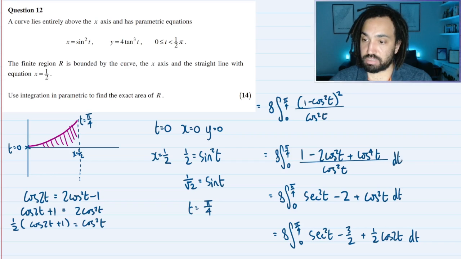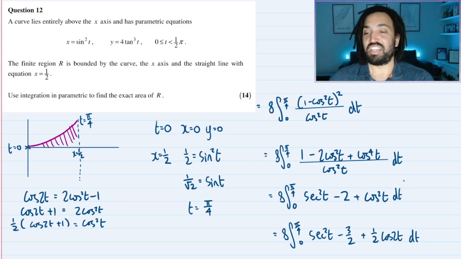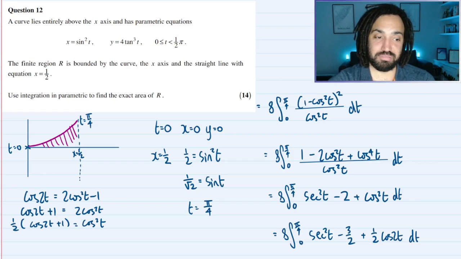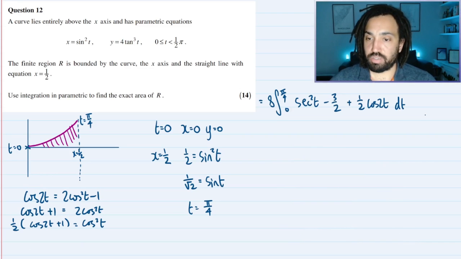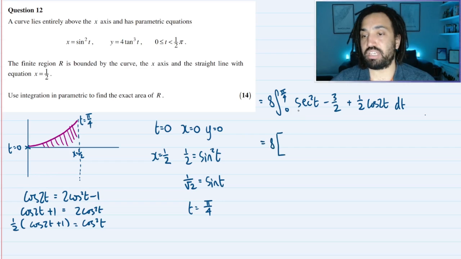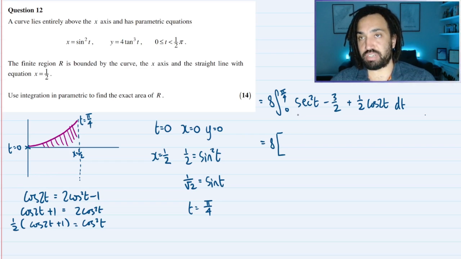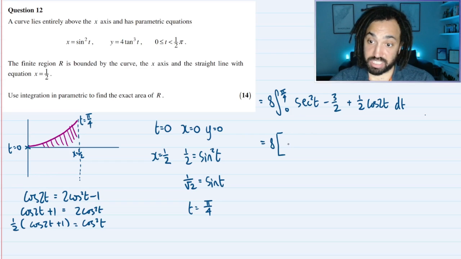Please don't be upset with me. Okay, right, more space needed. Okay, so 8 goes outside. Sec squared integrates to tan, because tan differentiates to sec squared.